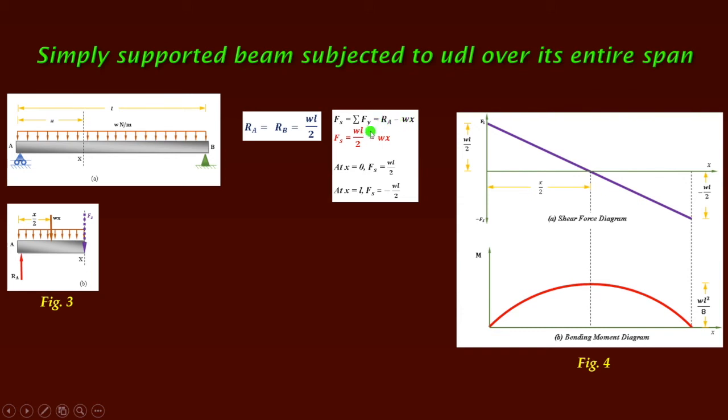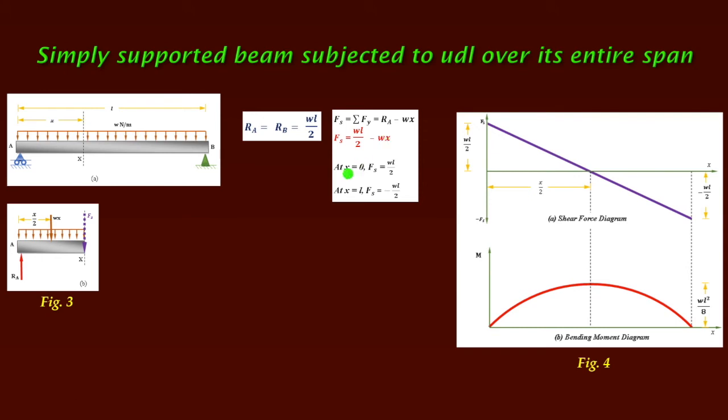Substitute the value of Ra. We are getting Fs equals to omega L by 2 minus omega x. So again, it's a straight line because it's a linear function of x. Now apply some boundary condition.